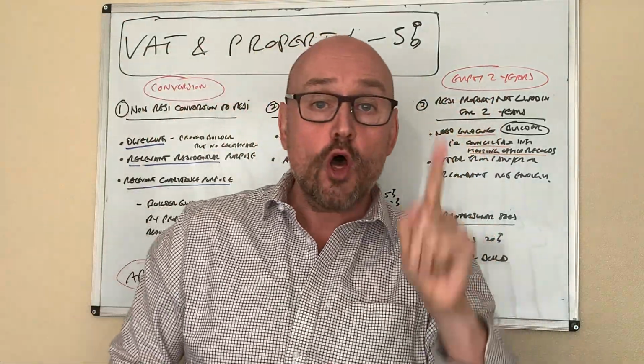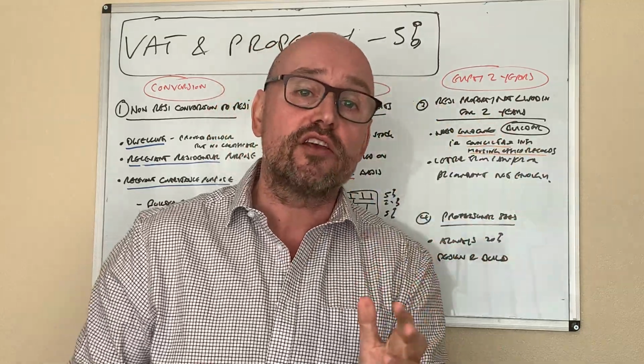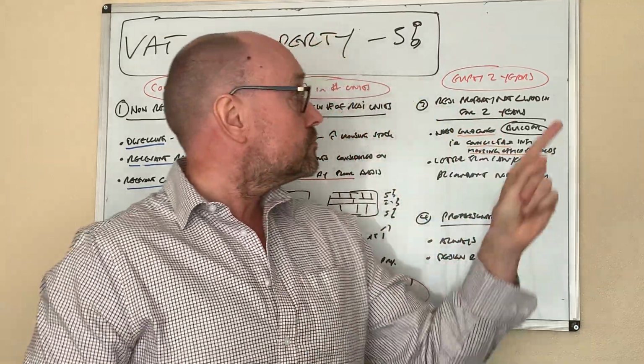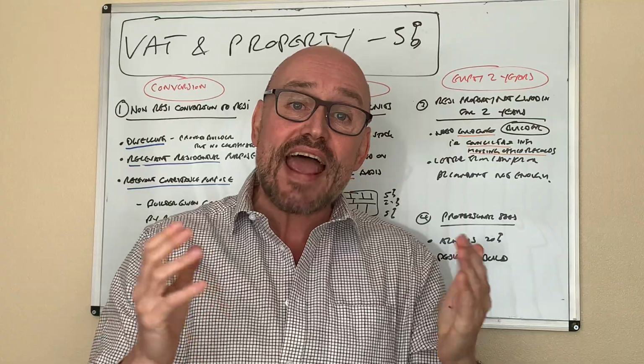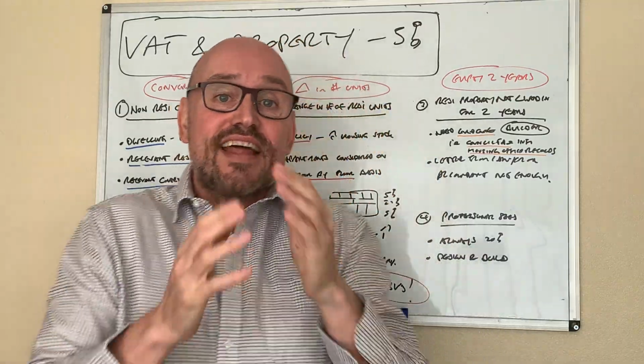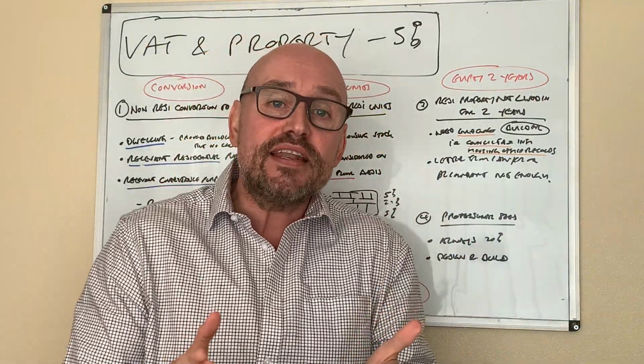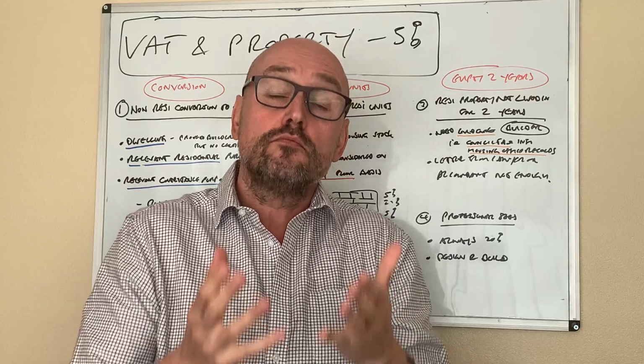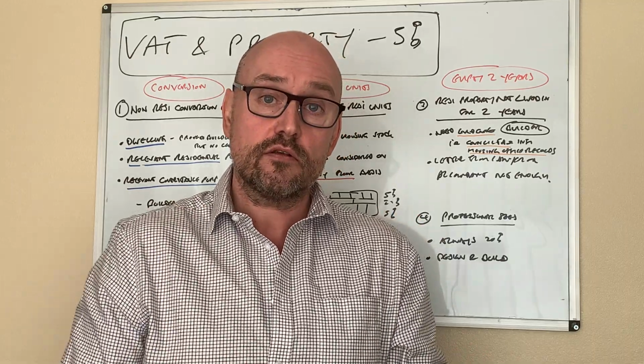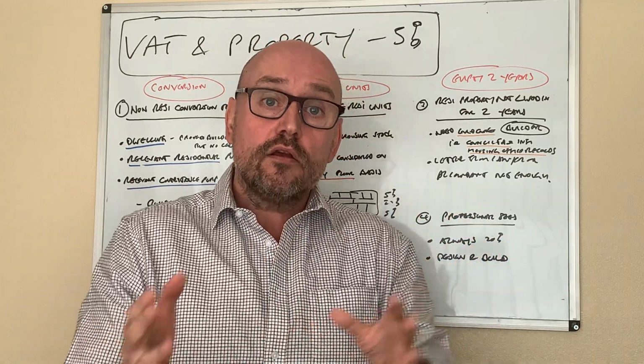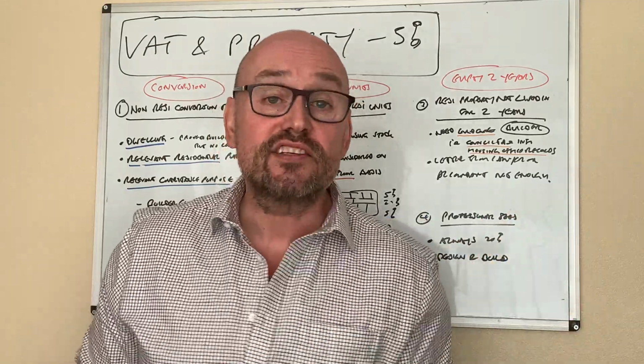So the third out of the 3 areas is if a property has been empty for 2 years. So if a residential property has been empty for 2 years, work done on that can be reduced rated for VAT.